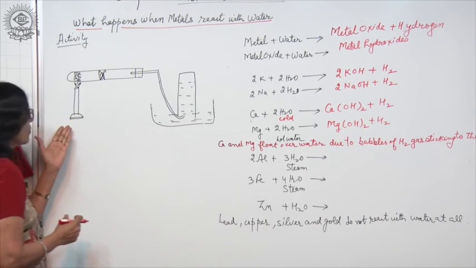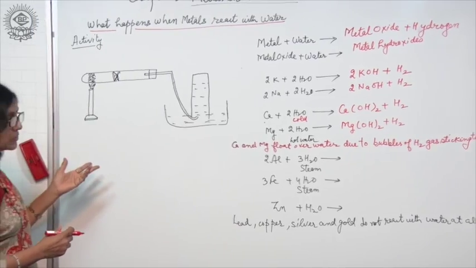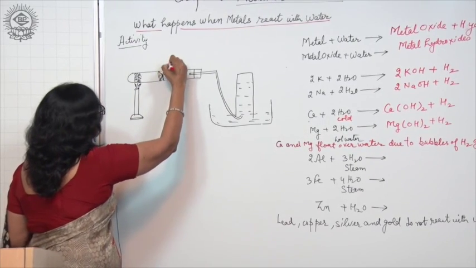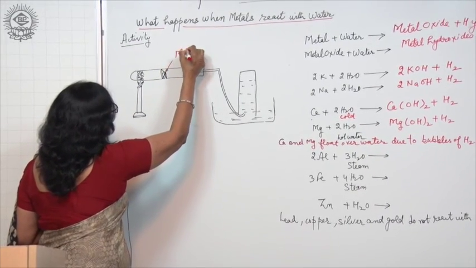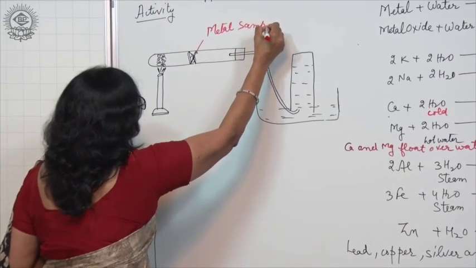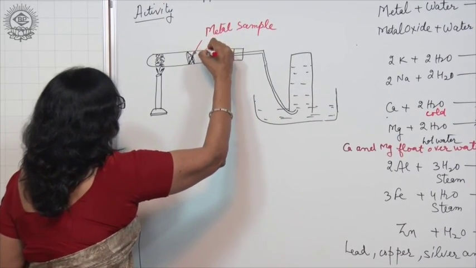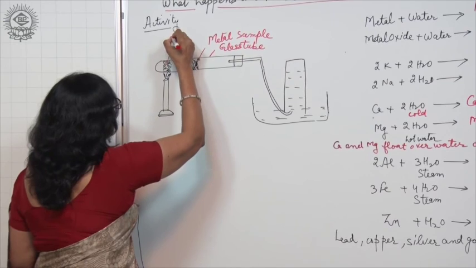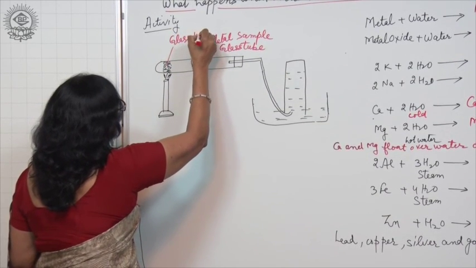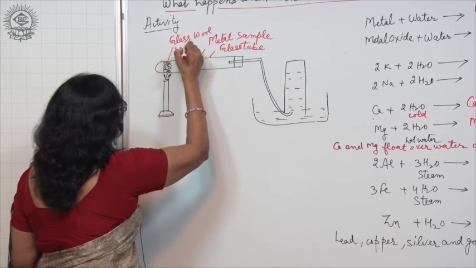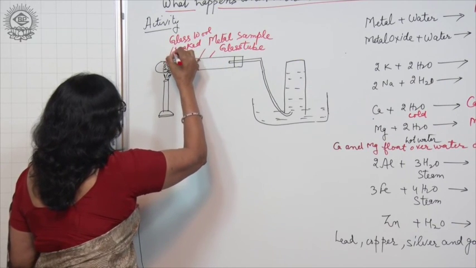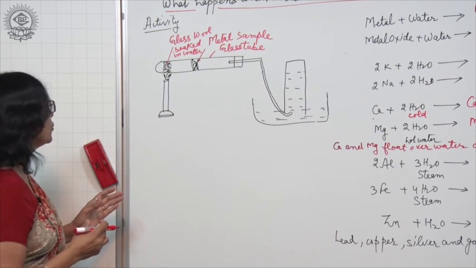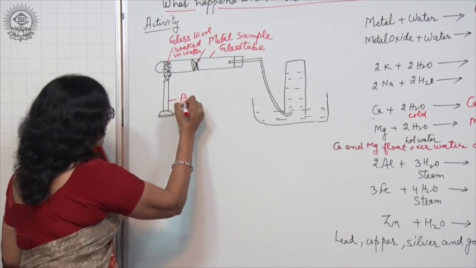Like this, an activity can be performed in which these metals will react with steam. In a glass tube, the sample of the metal is taken, and this is the glass tube. Glass wool soaked in water is taken at one end of a dry glass tube, and it is heated with the help of a Bunsen burner.